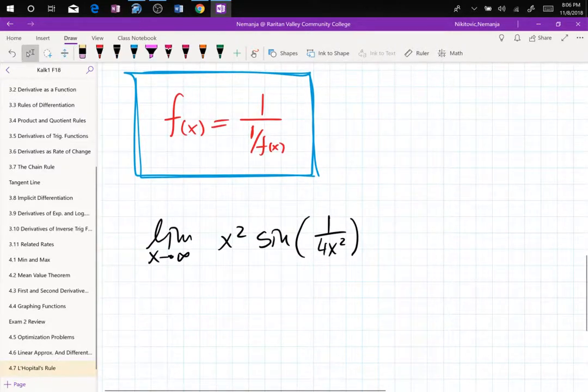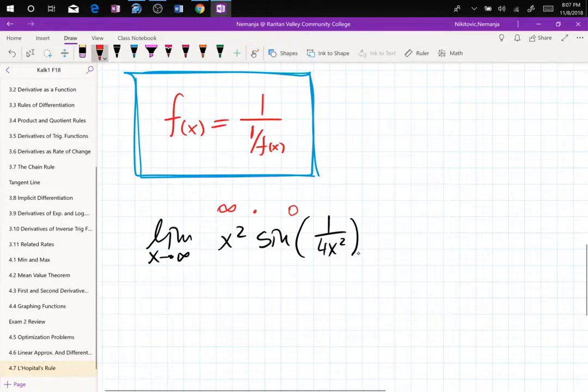So what happens as I plug in x equals infinity? Well, infinity squared goes to infinity times, and then what's 1 over infinity? 0. Sine of 0 is 0. So this fits our 0 times infinity case, right?